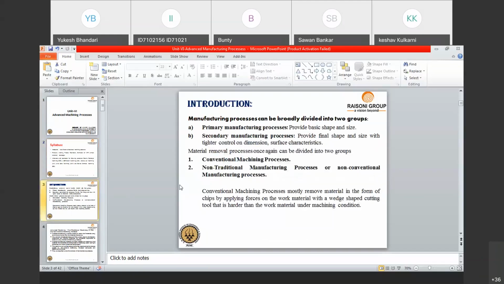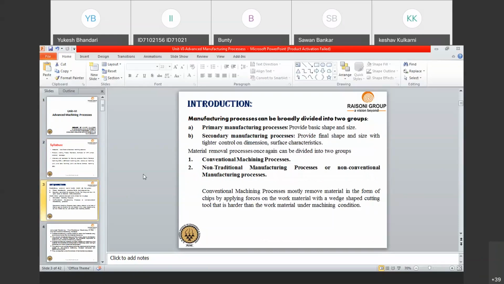First, introduction. Before starting with advanced machining processes, let's have a few recaps of manufacturing processes. What are manufacturing processes? They can be broadly divided into two groups. First one is primary manufacturing processes, which provide basic shape and size.